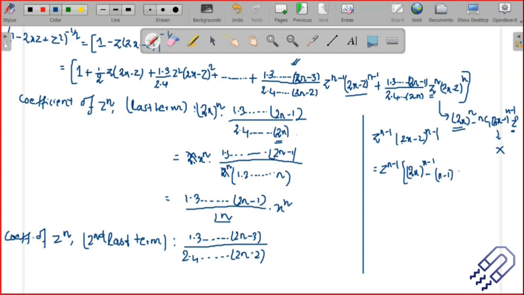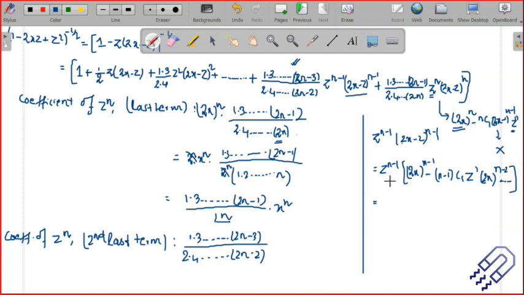The term would be c1, which is combination 1, which is nothing but 1. If you remember, I will take the increasing power of z and the decreasing power of 2x, (2x)ⁿ⁻², and so on. I'm not going to write down the later term because we don't need it.